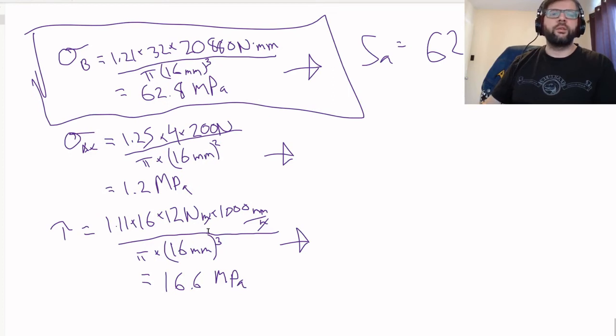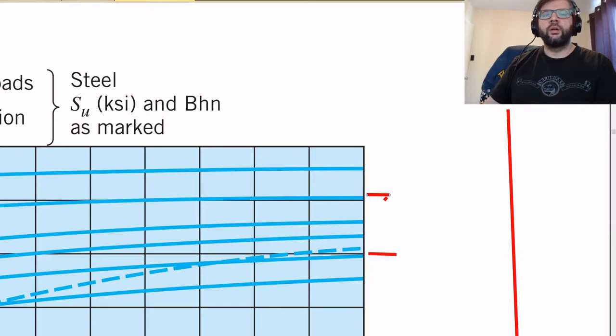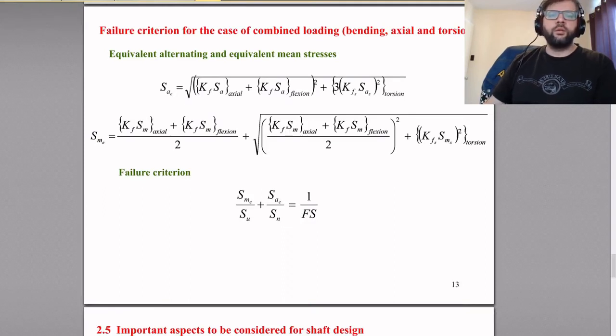So what we can do is take those and go to our equivalent formula. Let me show you where I got that. Go to our equivalence formula and plug that into here. So again, we already determined that for this one, that's 0, that's 0. So the bending is all we've got.